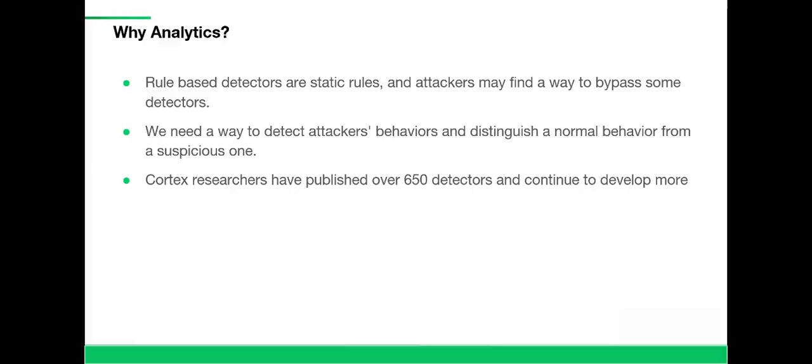We have detectors based on behavior. So anything that is suspicious, that deviates from the normal, from the baseline, may be identified as suspicious or malicious. The Cortex XIAM researchers have published over 650 detectors, and this continues to evolve.